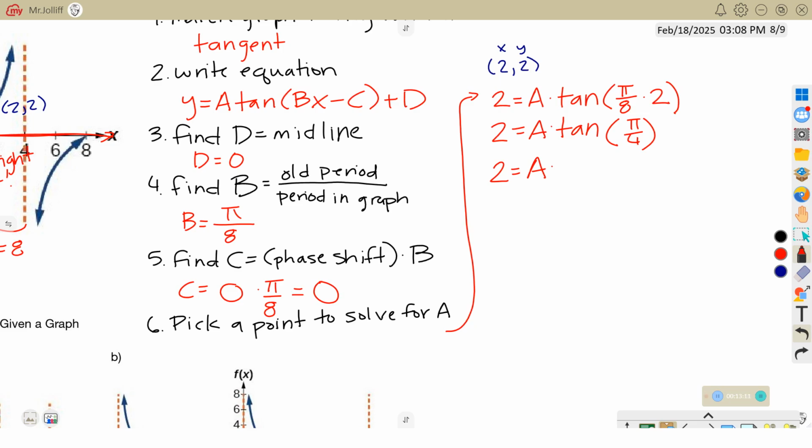So tan pi over 4. Show me on your hand what you get. I see a bunch of people doing this, which is correct. Tan of pi over 4 is 1. If I divide both sides by 1, 2 divided by 1 is just 2. A must be 2. There's a vertical stretch of 2. That point is twice as high as it should be.